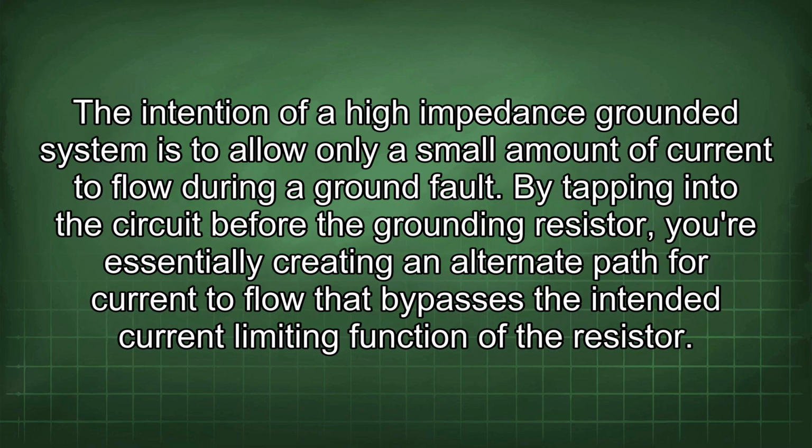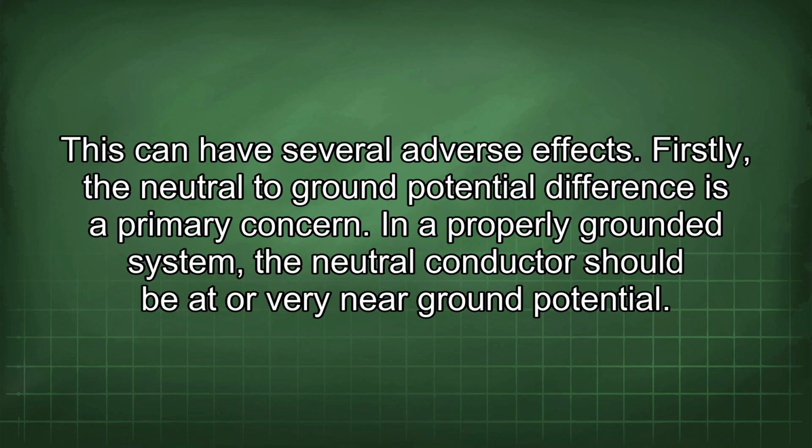The intention of a high-impedance grounded system is to allow only a small amount of current to flow during a ground fault. By tapping into the circuit before the grounding resistor, you are essentially creating an alternate path for current flow that bypasses the intended current limiting function of the resistor. This can have several adverse effects.